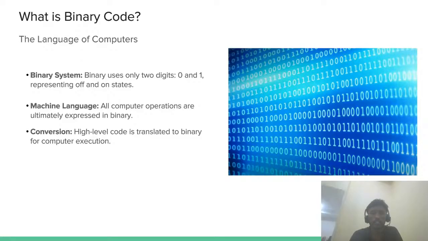I forgot the name of the subject, but I think in DBMS you mostly see these binary codes. The binary system uses only two digits, zeros and ones, representing off and on states, and in machine language all operations are ultimately expressed in binary.